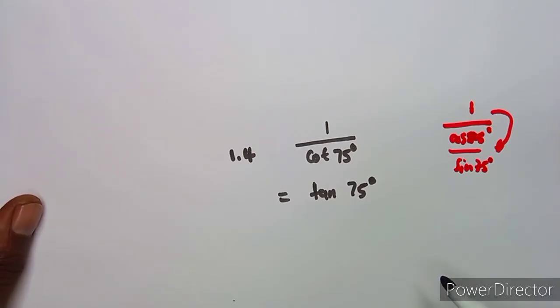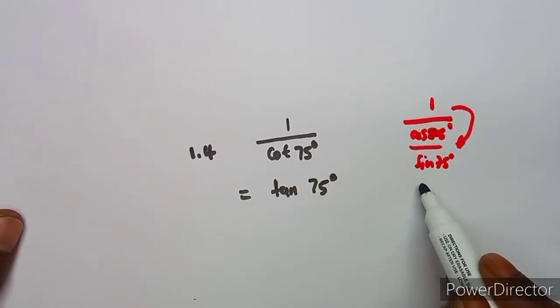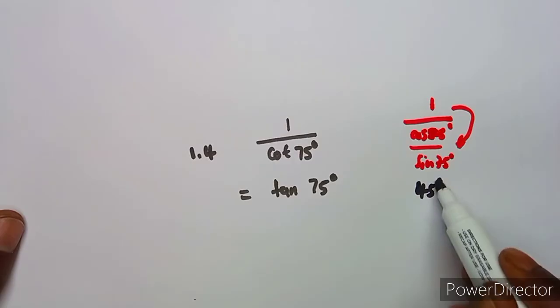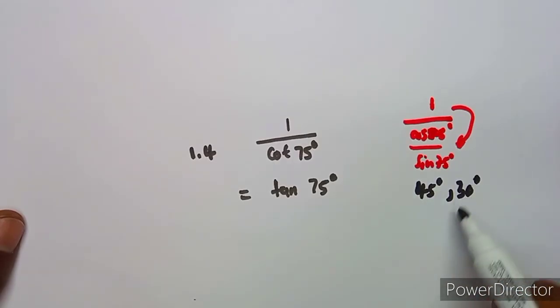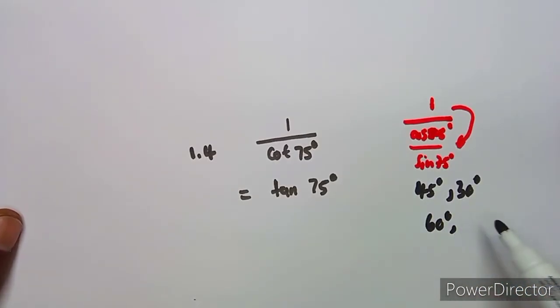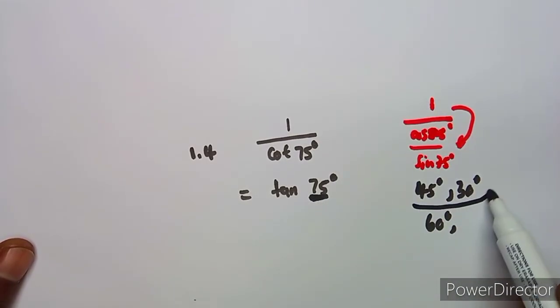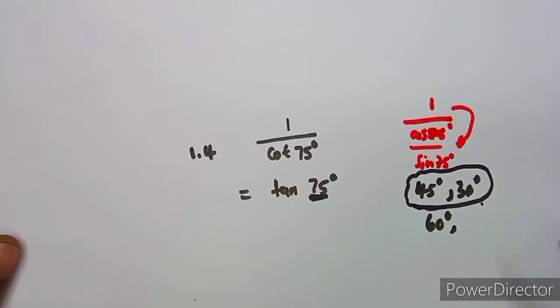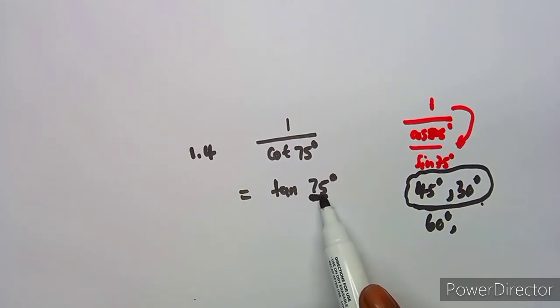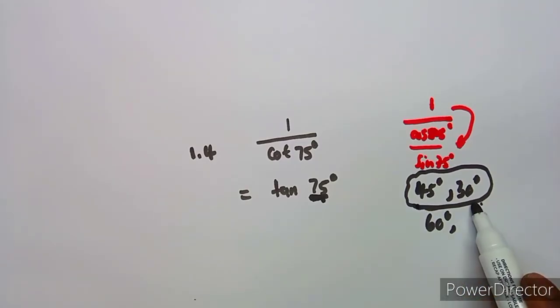So now, in order for us to separate so that we can apply these special angles, we have these angles of 45 degrees, 30 degrees, 60 degrees. These are the special angles that we have. And we just need to make sure that if we combine two angles here, they give us 75, just like 45 and 30. If we combine these two angles, they are going to give us 75. But now we need to expand, because we are going to have two angles.